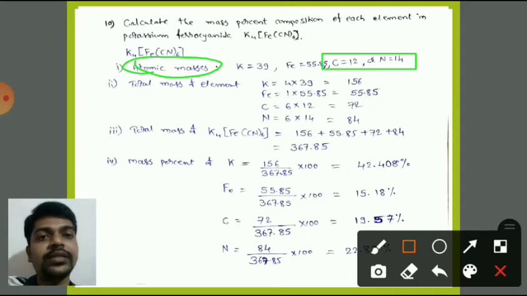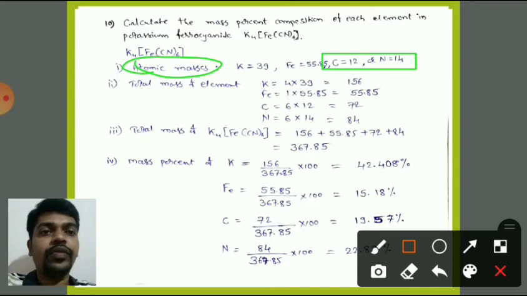Now the second step is the total mass of each element. For this we have to multiply the corresponding atomic mass by the number of atoms of that element.